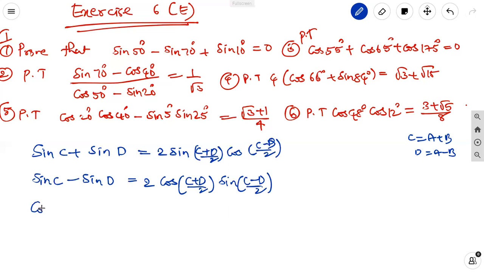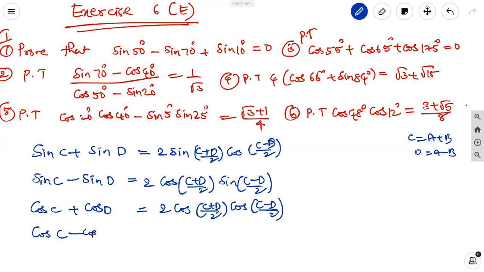The same way, the cos C plus cos D formula is equal to 2 cos of C plus D by 2 cos of C minus D by 2. And the cos C minus cos D formula is equal to minus 2 sin of C plus D by 2 sin of C minus D by 2.